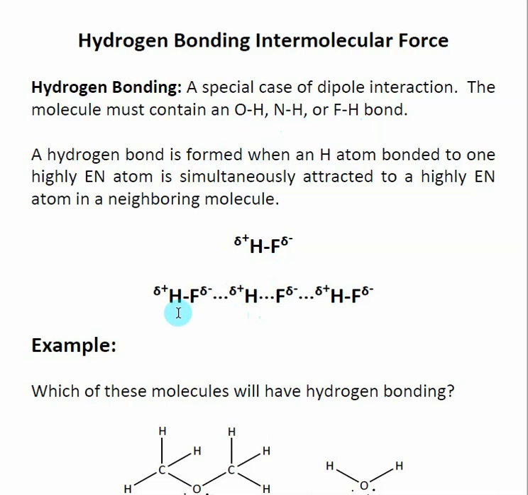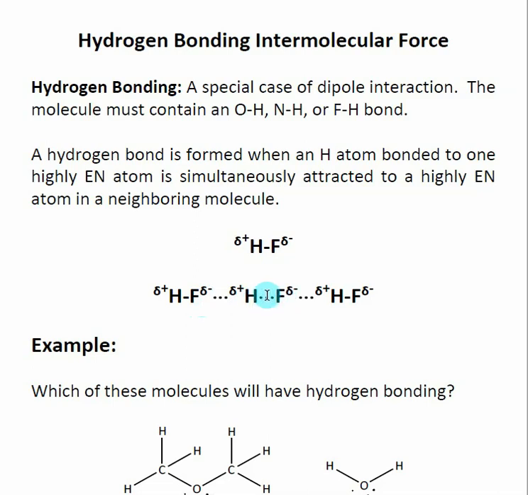So what happens here, if we have multiple HF molecules inside of a liquid, this negatively charged fluorine, so this bond's polarized, the electrons are pulled close to the fluorine, it has a slight negative charge. It's so strong that it can actually pull this hydrogen away from this fluorine.